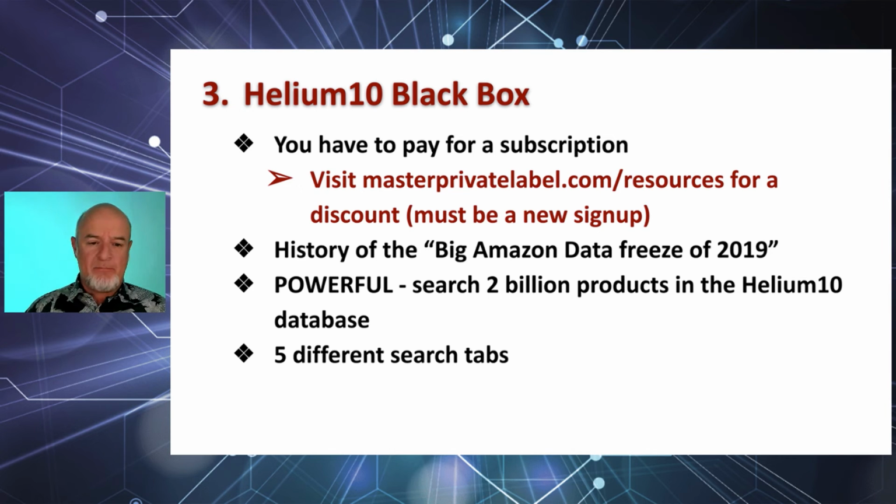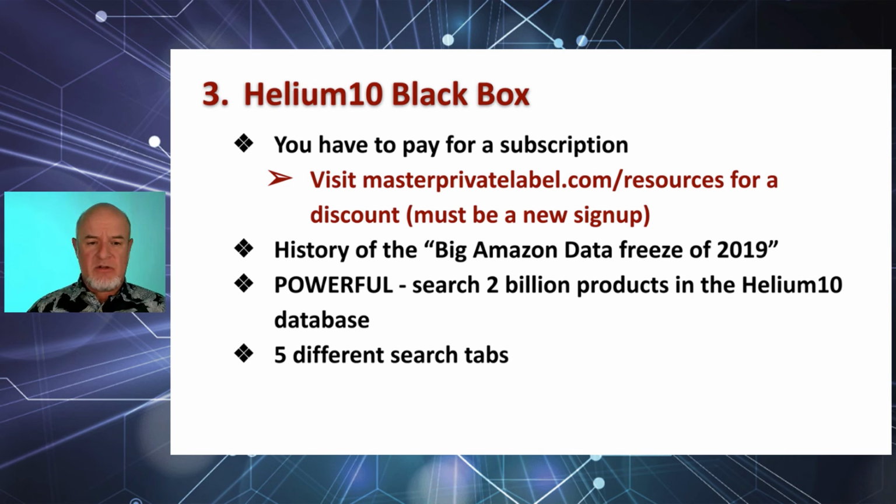But they caught up, and so Helium 10 Black Box, one of the few companies that was able to pass through that phase when Amazon stopped giving out that data, has provided us a great tool and a great ability to get data on products on Amazon since then.